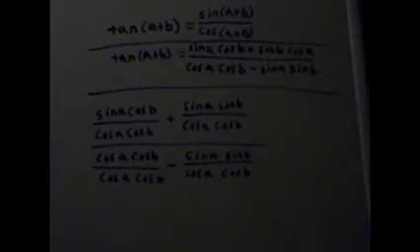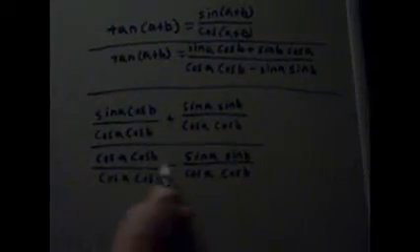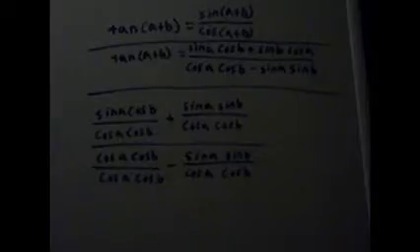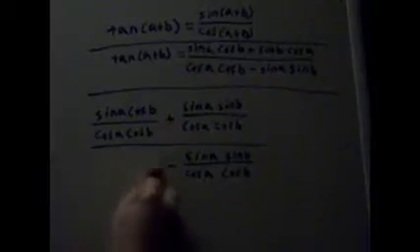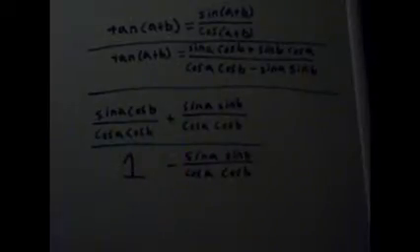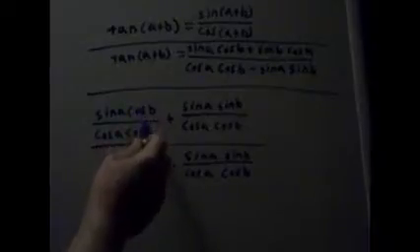Now what can we eliminate? Well, cosine A cosine B divided by cosine A cosine B becomes 1. That's just a 1. Well, that was easy enough. Now, what else can we do? Well, we can divide cosine B by cosine B. So now we can eliminate this.